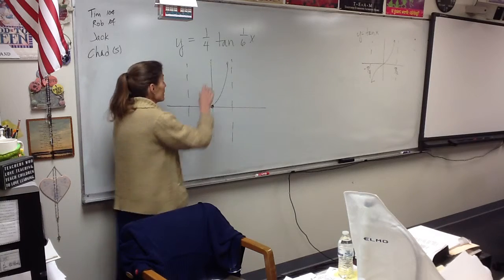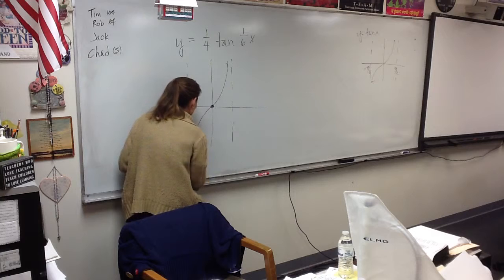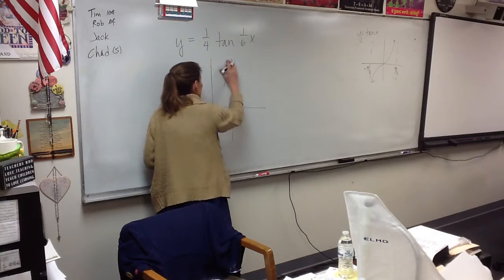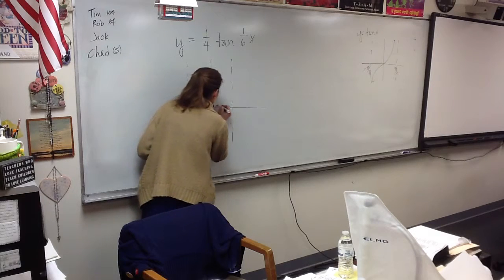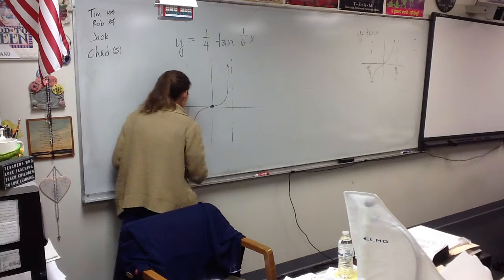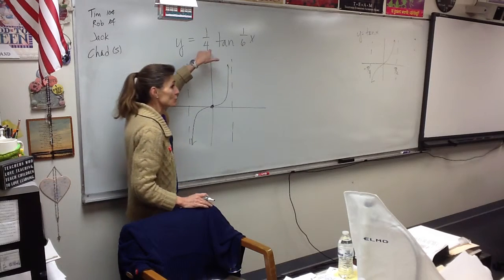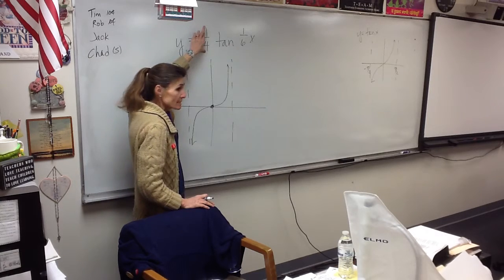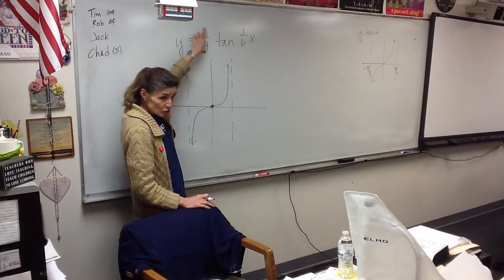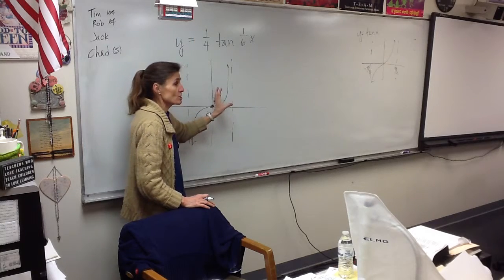In this case, this would actually flatten the picture out, so it would have a curvier shape, more like this. But you do not have to worry about that. I am not asking you to mark curvature changes on your picture. So this number in a tangent problem really does nothing except change the curvature.